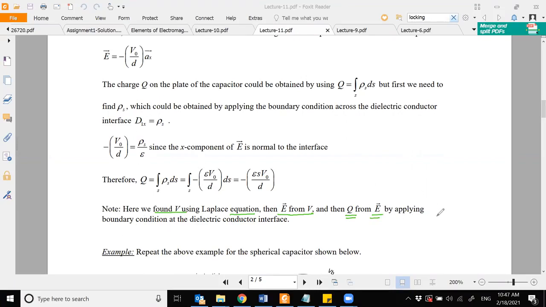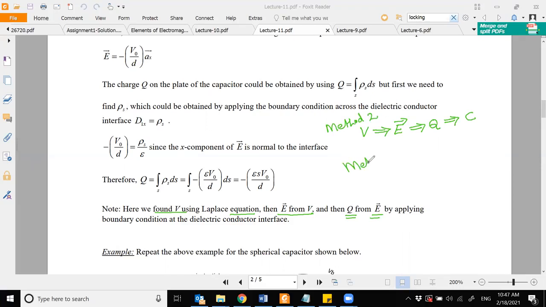And then from this, we can find C. So in short form, we first found V. From V, we found the electric field. And from the electric field, we found the charge Q and then the capacitance C. This is my method 2.